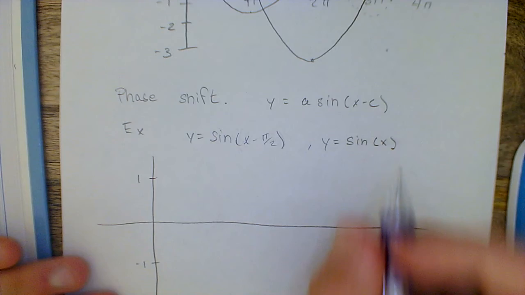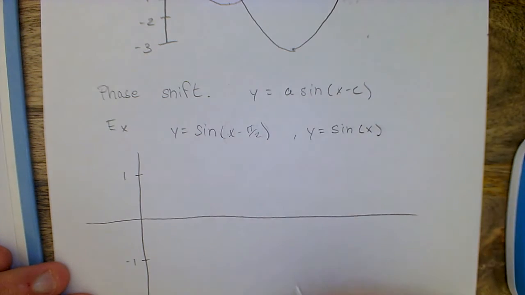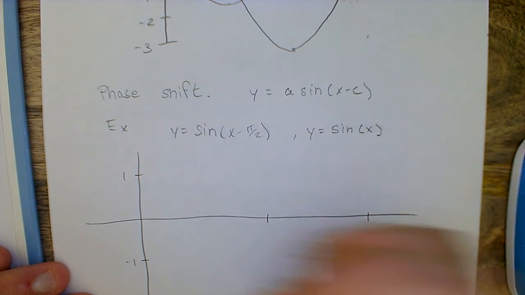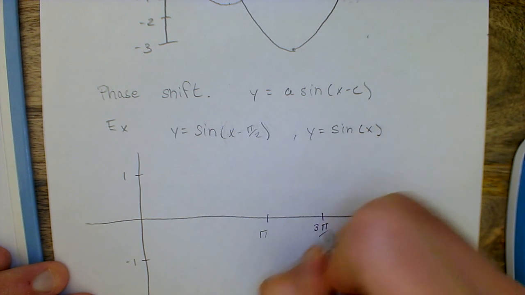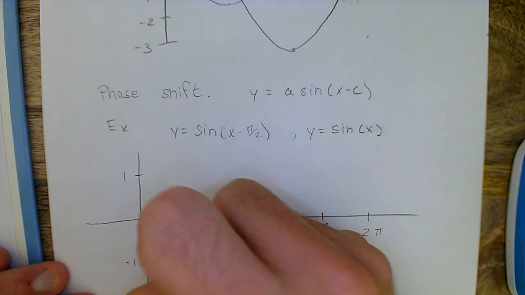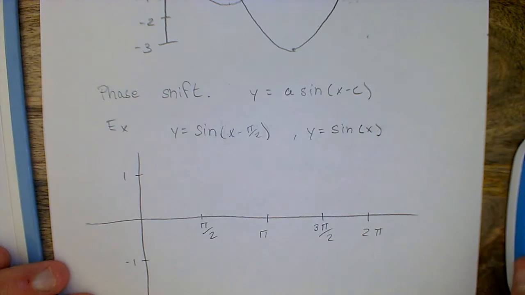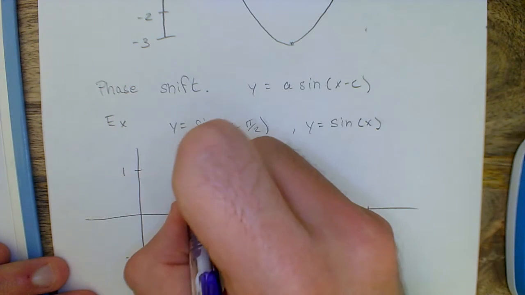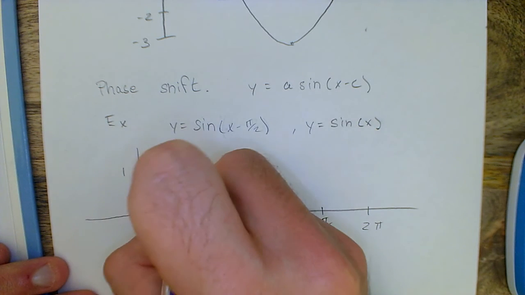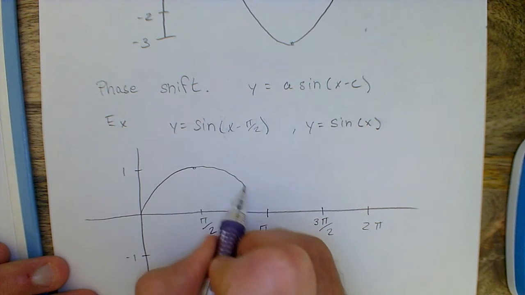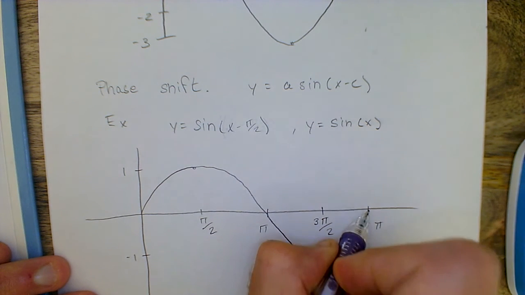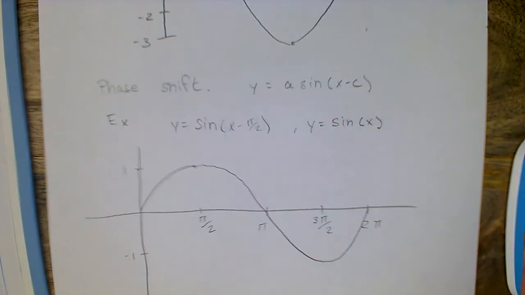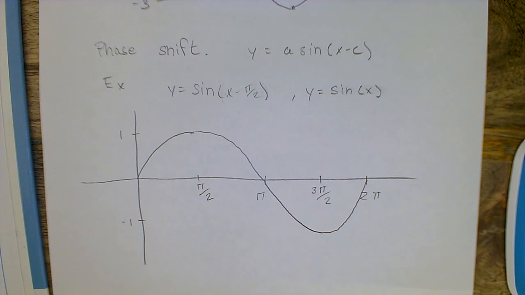Okay, so we have a 1, -1. And if I'm going to graph y equals sine x first, so we got a pi and a 2 pi, 3 pi over 2 and a pi over 2. So we know what this one looks like by now. So that's y equals sine of x.